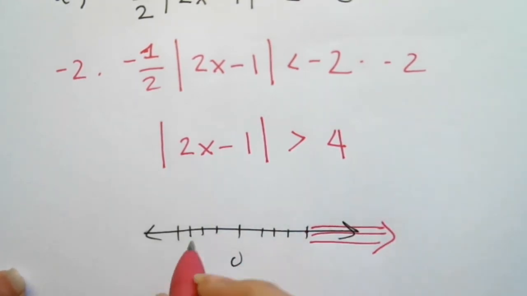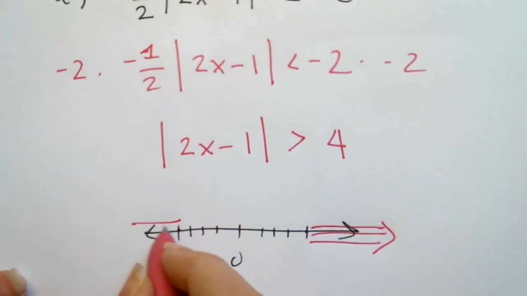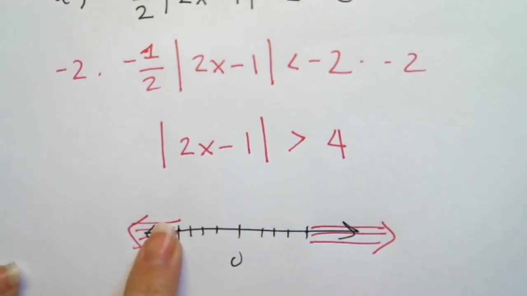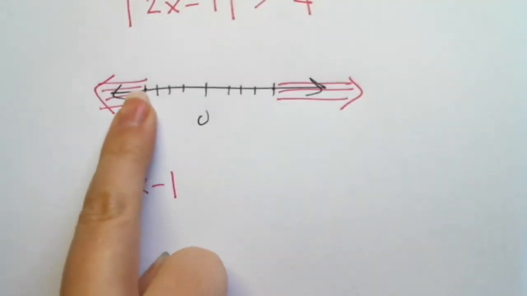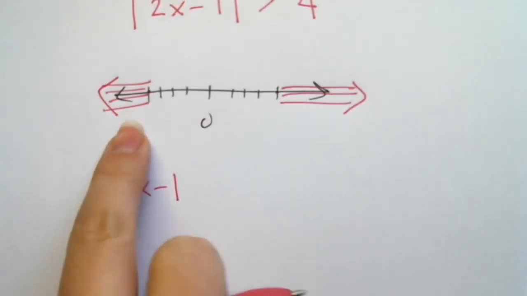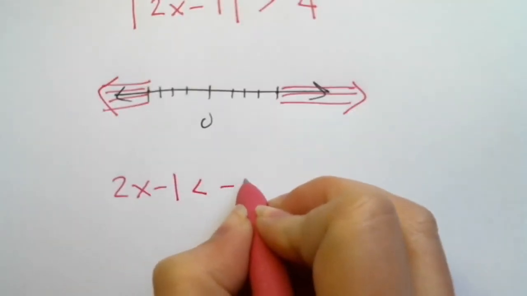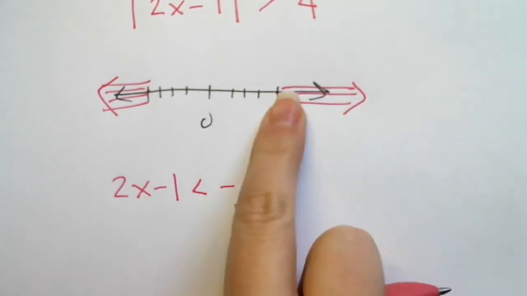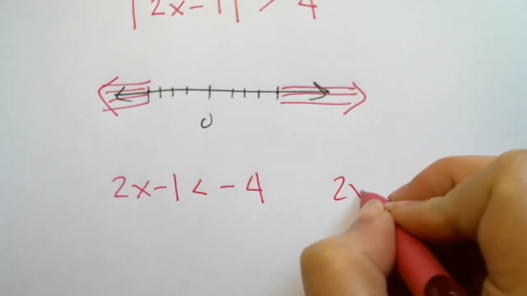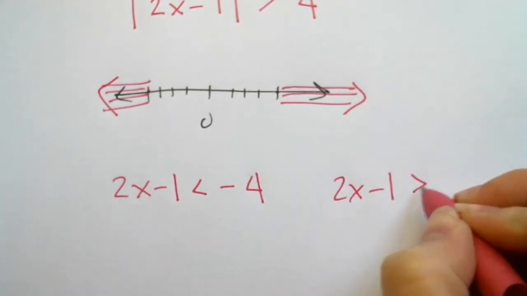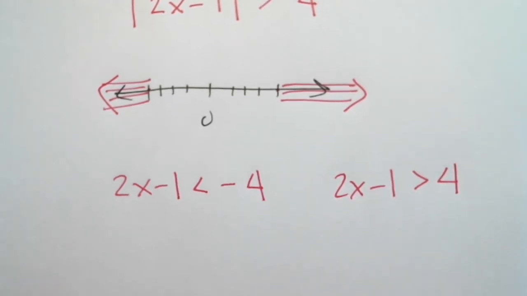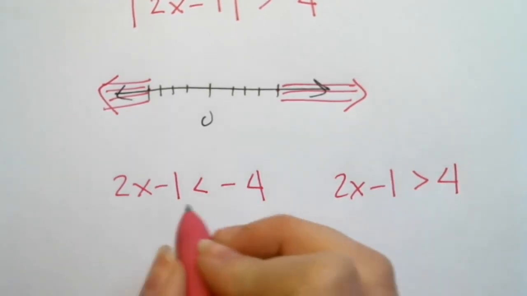So we're talking about this number. And over here, we can see that this number is less than negative 4. And over here, we can see that that number is greater than 4. So let's go ahead and solve this.